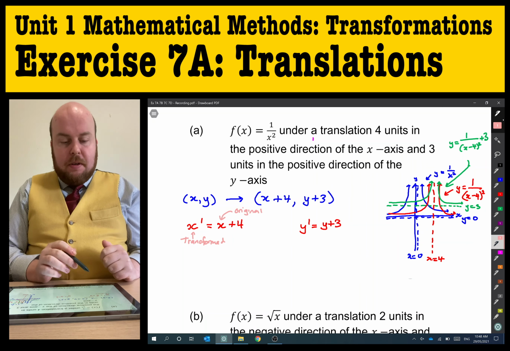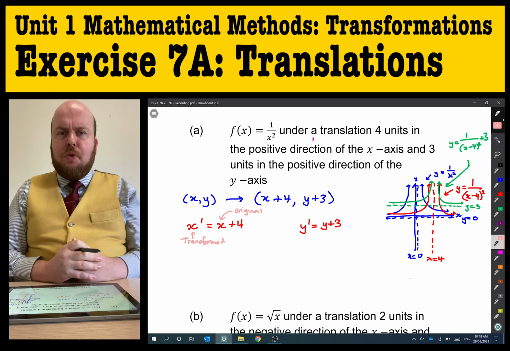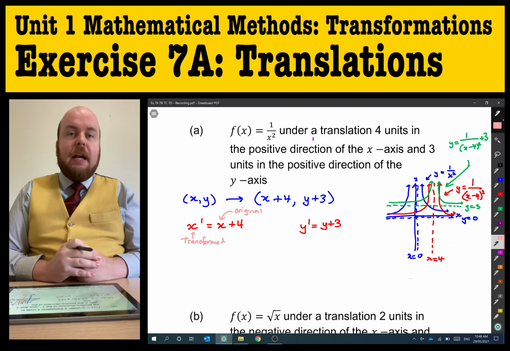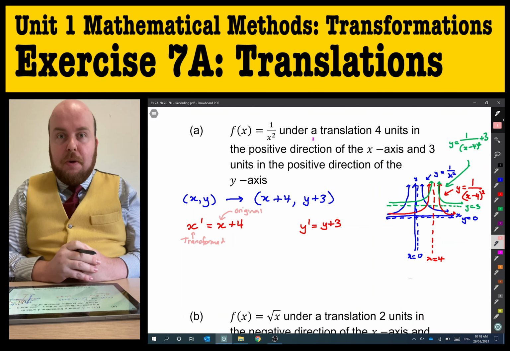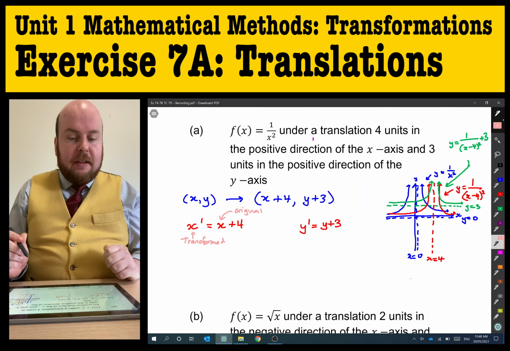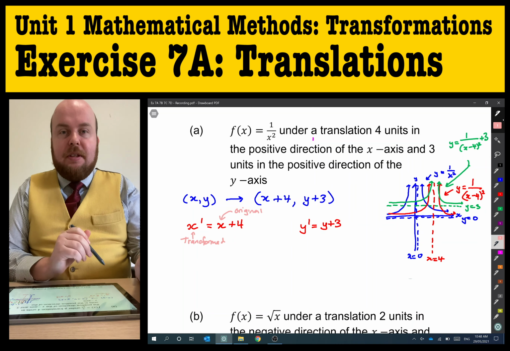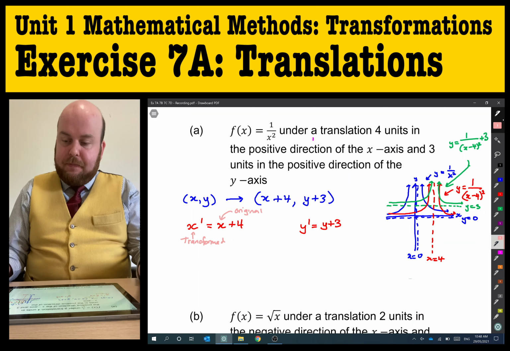Now, you'll see I've got transformed and I've got original. My next step is to rearrange both of these statements, both of these equations, if you like, to make the original pronumeral the subject. Because once I've done that, I'm going to substitute that into the original equation.